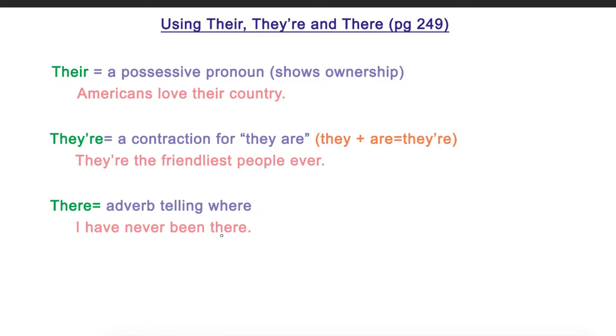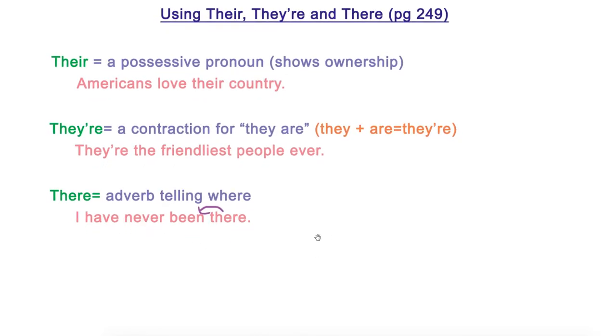Since this there is talking about a place, telling where, we would use there, and it's the adverb for been. So it's describing been. I have never been what? I have never been there. So if you're talking about a place, you would need to use there.